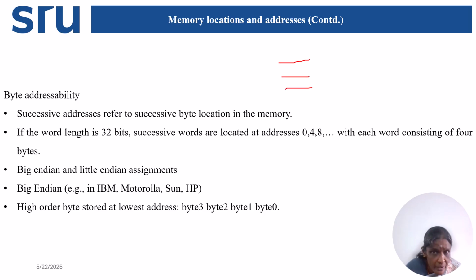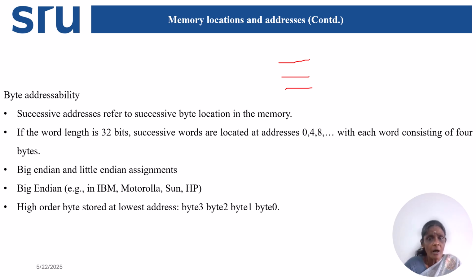So the memory location address starts from here: zeroth location, first location, second location, and so on. If the word length is 32 bits, successive words are located at addresses 0, 4, 8 and so on.